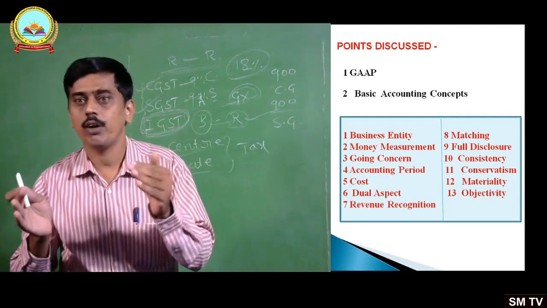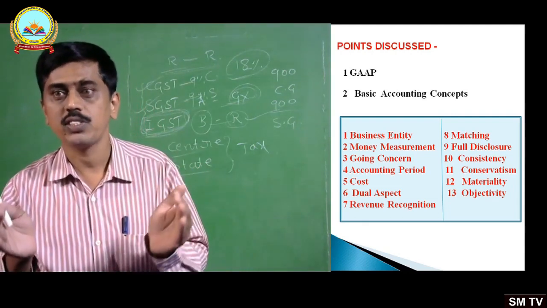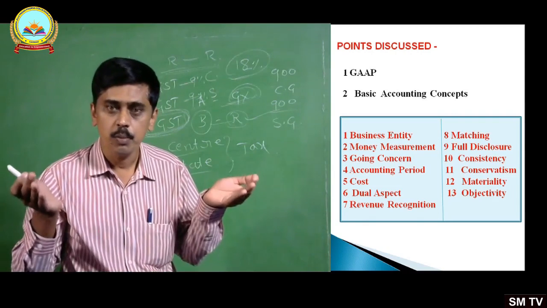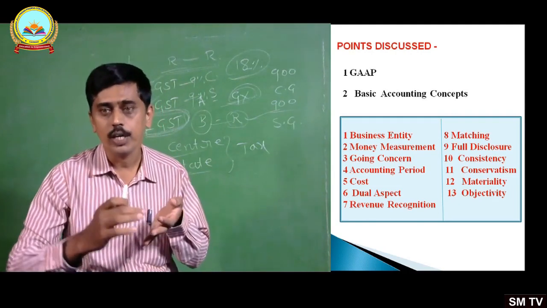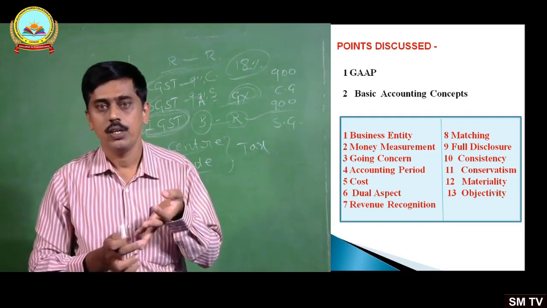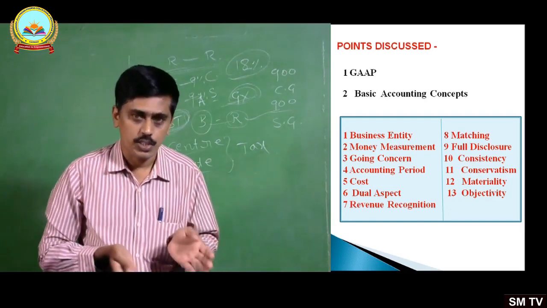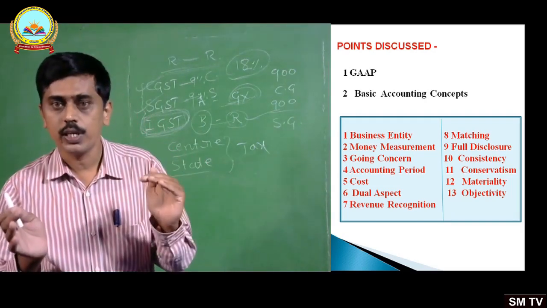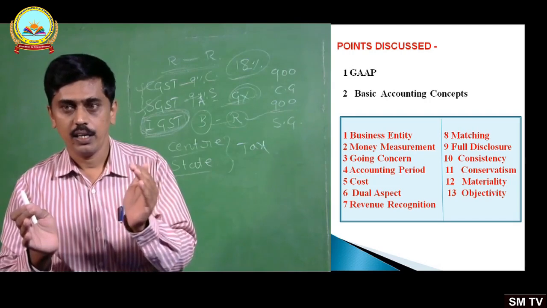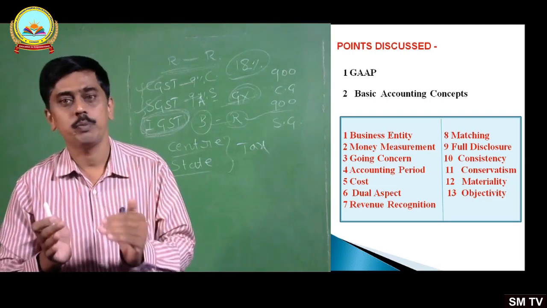Generally, a period of 12 months is considered as an ideal accounting period, and it may be the financial year of the government, or it may be the calendar year. Okay. Next, cost concept, which says that all fixed assets should be recorded in the books at their cost, and in each year it may be depreciated.